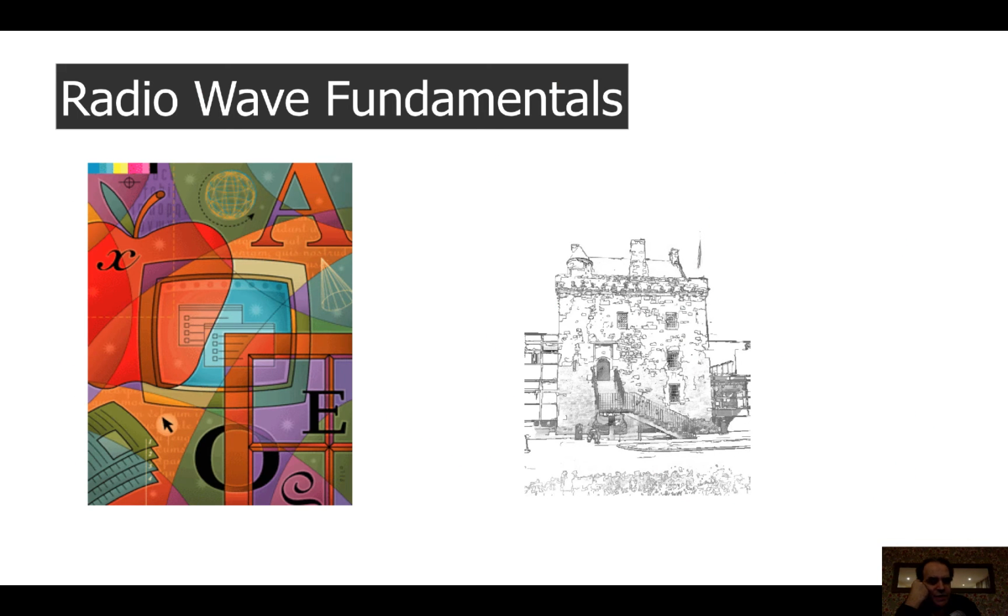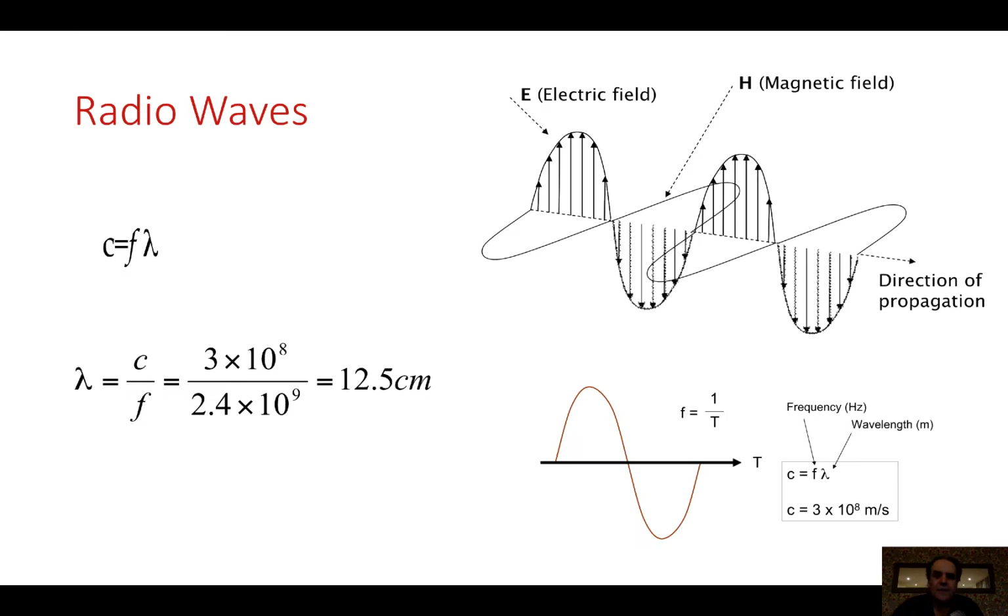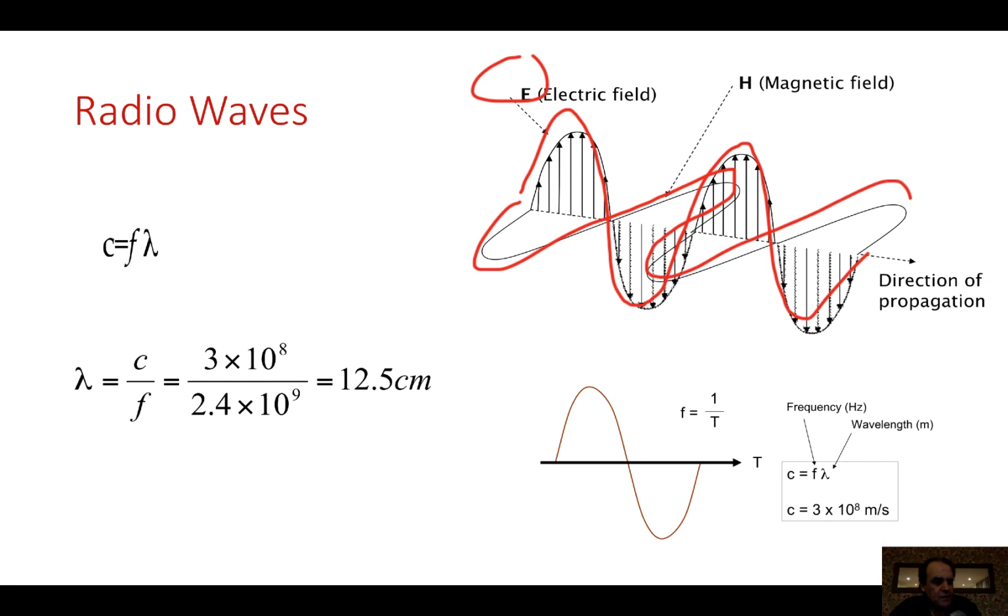Okay, so let's look at some of the basic fundamentals with Wi-Fi. With a radio wave, we have an E field, or the electric field, and then we have the H field, or the magnetic field. These provide us with our propagation.